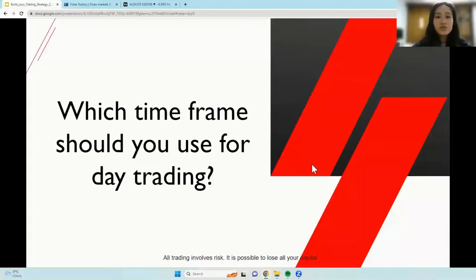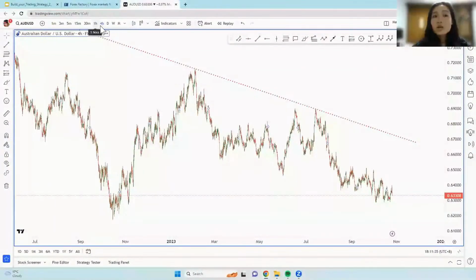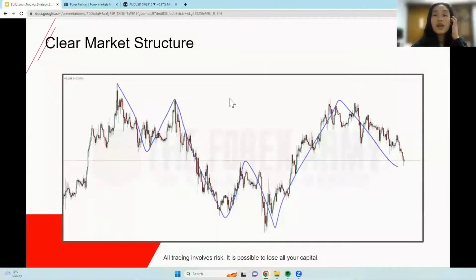So which time frame should you use for day trading? Before we get into that, for day trading we normally use either the 1 hour, 4 hour, or daily time frames, depending on your preference, and also depending on which time frame gives you a clearer market structure. This is an example of a clear market structure.